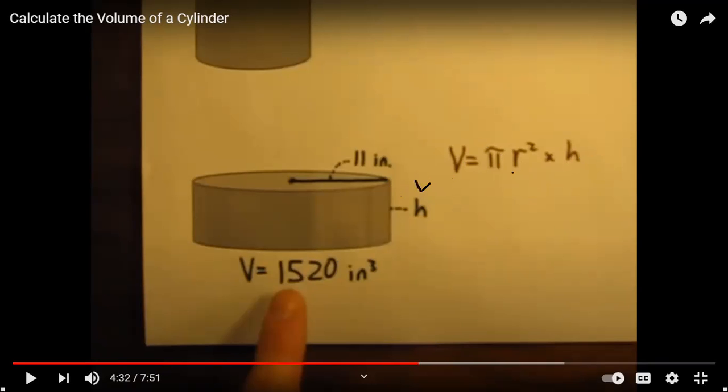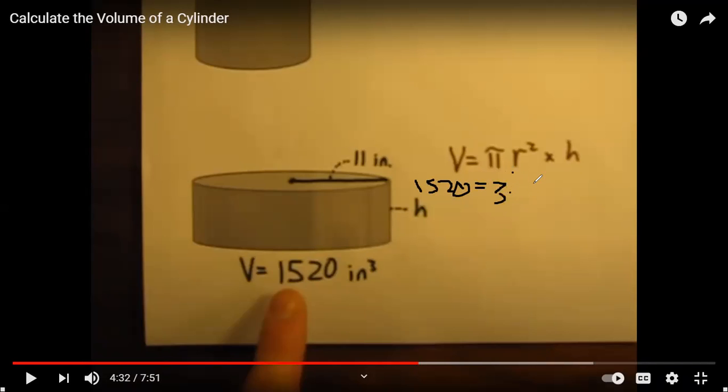We have now 1,520. It will be equal to pi, and pi equals how many? It's a standard value. We will not change. So it will be 3.14.